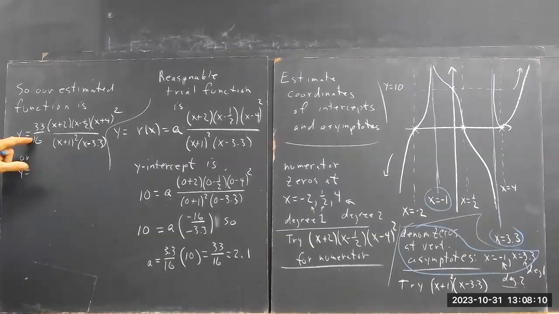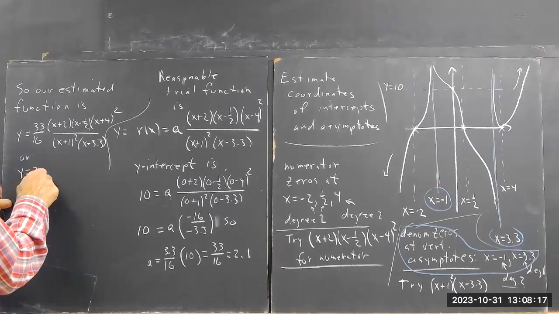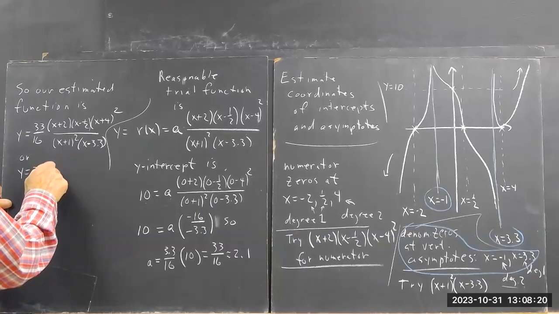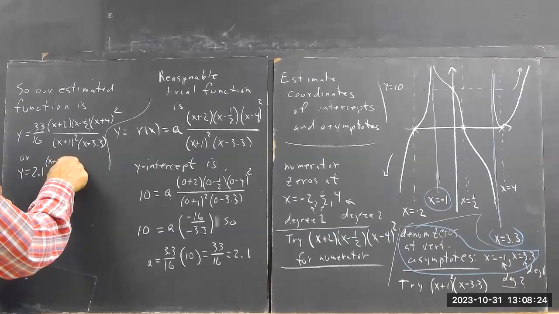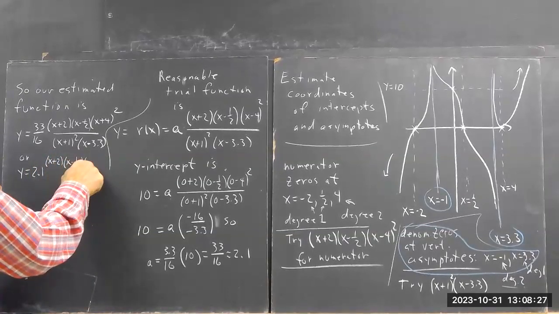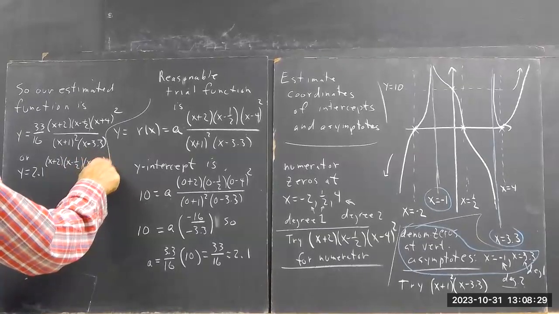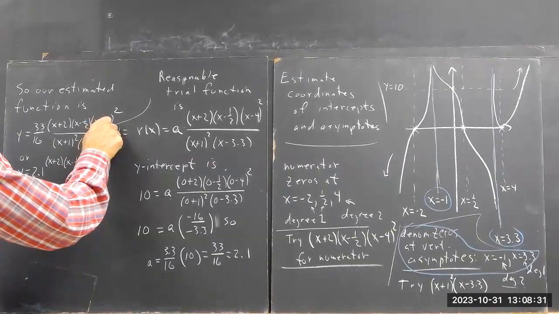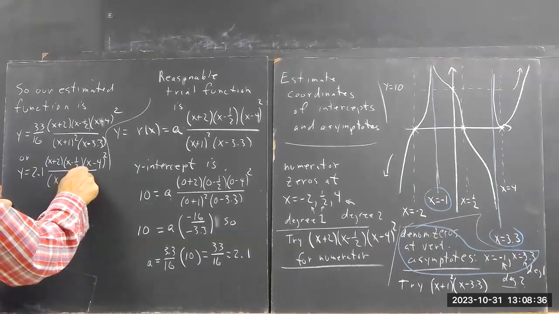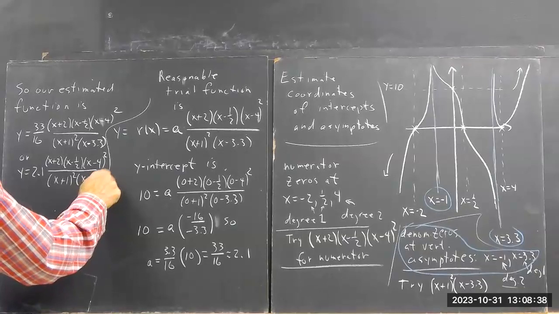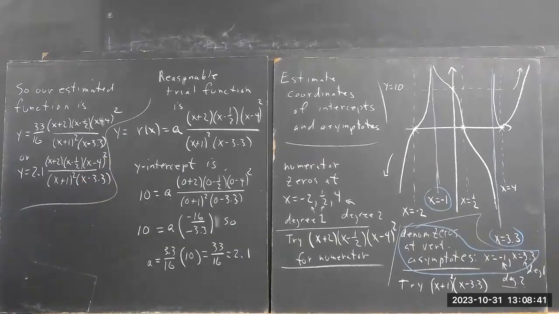We can go ahead and approximate it, because our estimates are not going to be all that accurate anyhow. The approximation doesn't hurt anything. We have 2.1 times x plus 2 times x minus a half times x minus 4 quantity squared, over x plus 1 squared times x minus 3.3. Now you follow the same process with your own numbers.